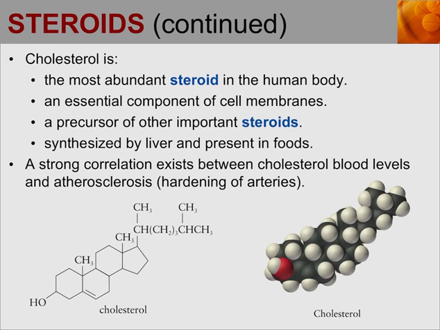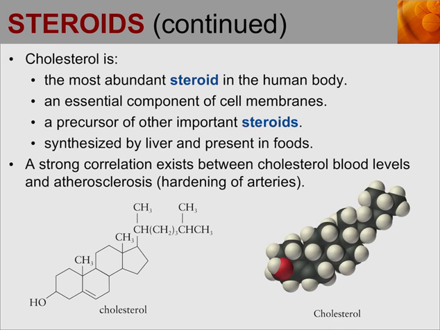Now, cholesterol is actually the most abundant steroid in the human body. And remember, in that cell membrane, we had a few cholesterol molecules throughout the lipid bilayer. So cholesterol is an essential component of cell membranes, and it's a precursor of other important steroids.